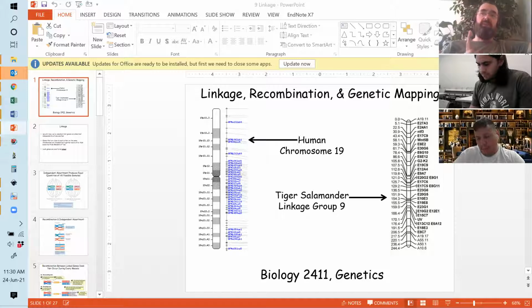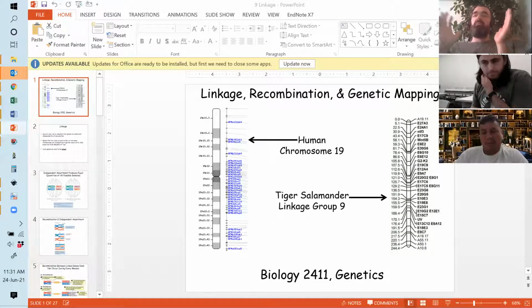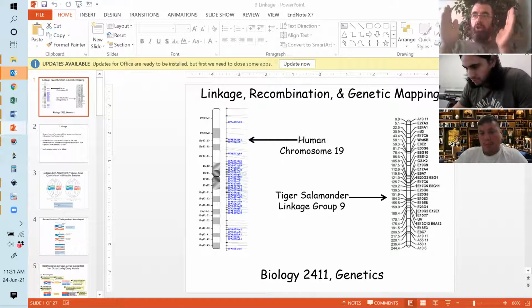So if you have a 1% probability of recombination occurring in a chunk of DNA that's 100,000 base pairs, 100 kilobases long, you have the same probability in the 100 kilobases next to it, and next to it, and next to it, and either side. So every 100,000 base pairs, you have a 1% probability of recombination occurring in that chunk.